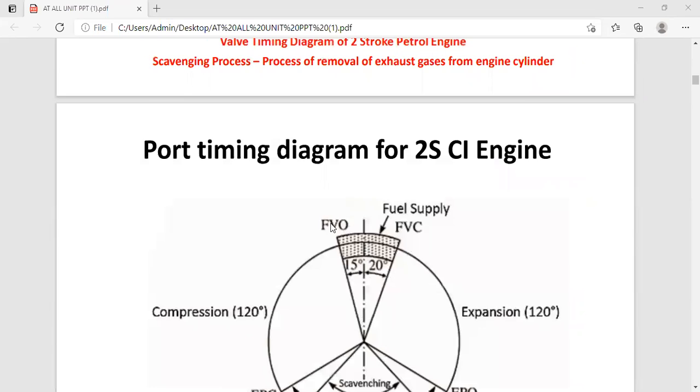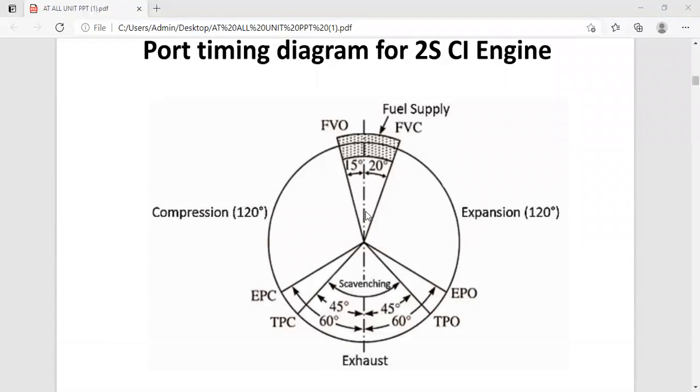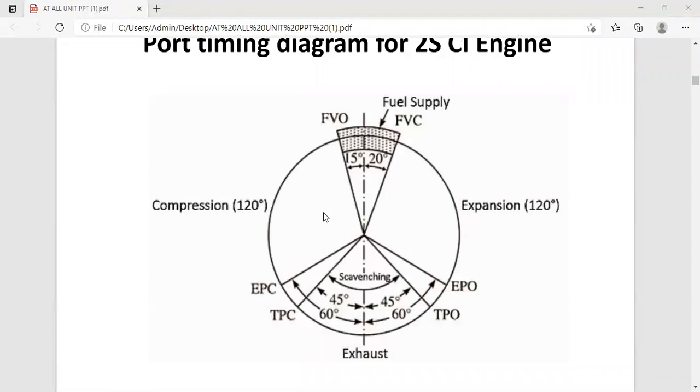These are the different port timing diagrams for the 2-stroke CI engine I have shown. You can see here as the port is opening and port is closing. In this typical port timing diagram, this is the 2-stroke engine shown over here.